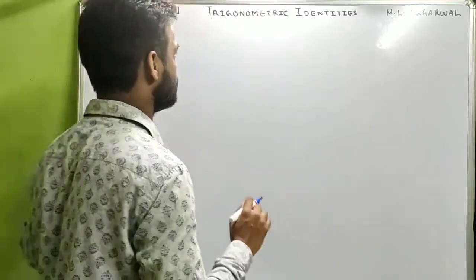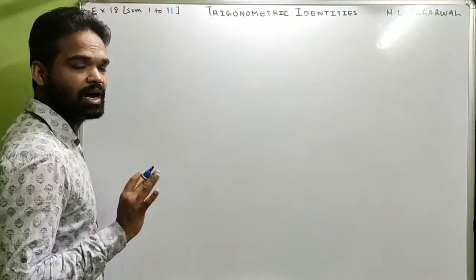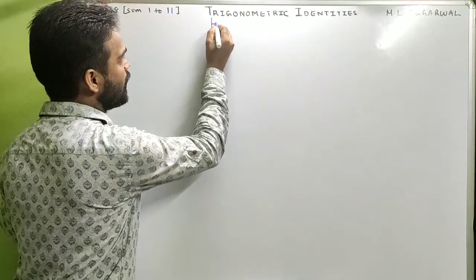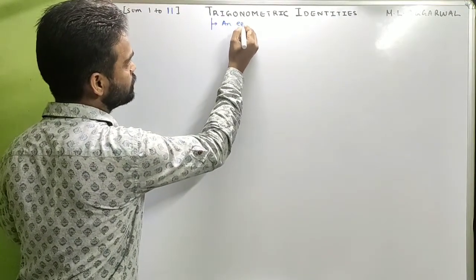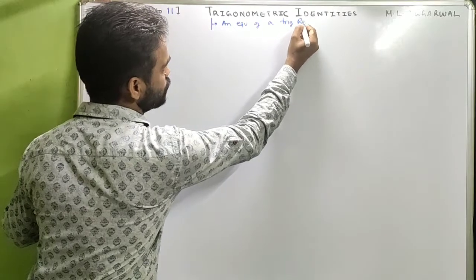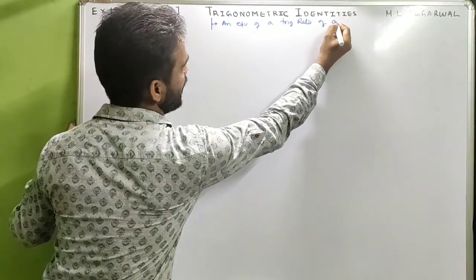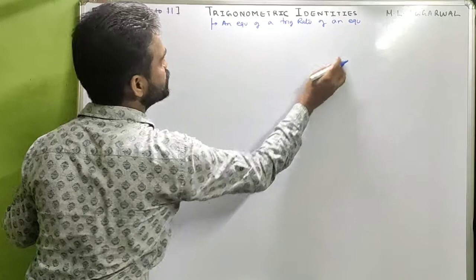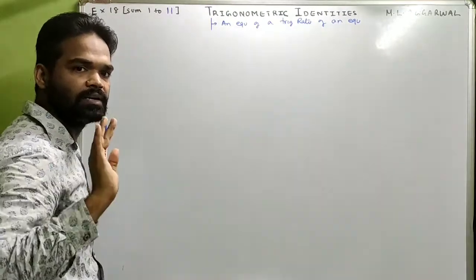Now let's get started. First of all, what are trigonometric identities? An equation of a trigonometric ratio of an angle, that equation is your trigonometric identity.